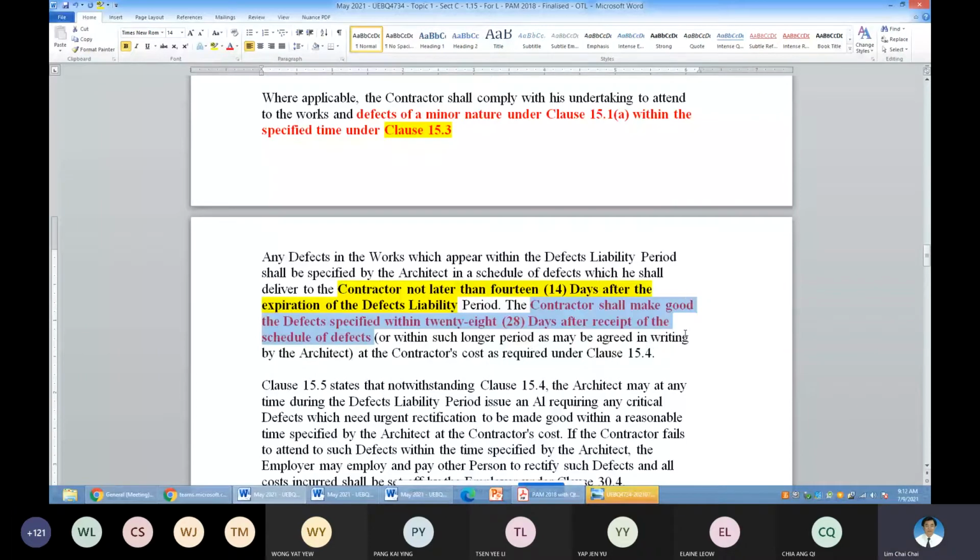So this is related to the last list, but the principle is still the same to apply for the recurring list. Okay, so please understand the principle of defects. You got the first list, you got the last list, and then you got the recurring list, so which clause to use. You don't simply quote the clause, and then it will be very embarrassing that you are using the wrong clause to send out to the contractor.